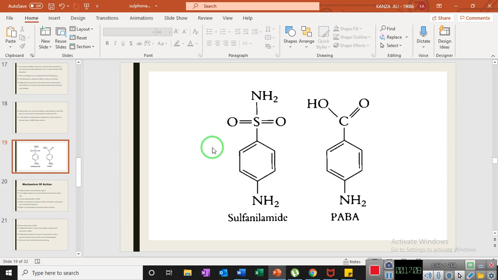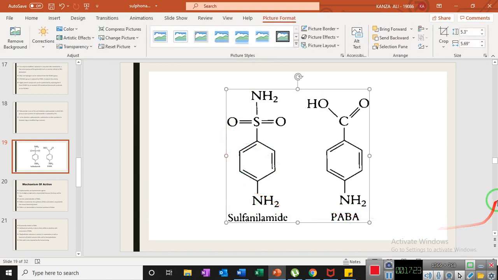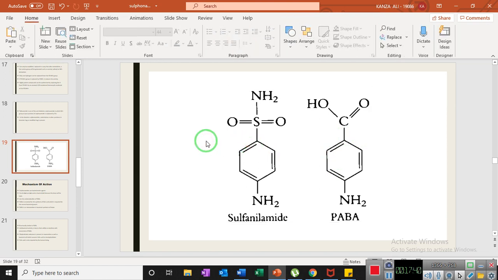When the sulfonamide or its derivatives are used, due to this structural similarity, they can enter into the pathway of folic acid synthesis, but they do not have the same structure. That's why the product will not be there.